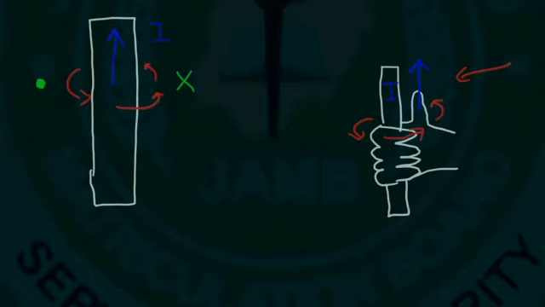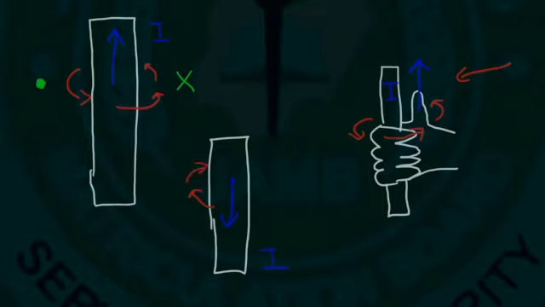Now, if the current is going in the opposite direction, then the magnetic field will change as well. It's going to be going into the page on the left side and out of the page on the right side. So everything's going to be reversed.